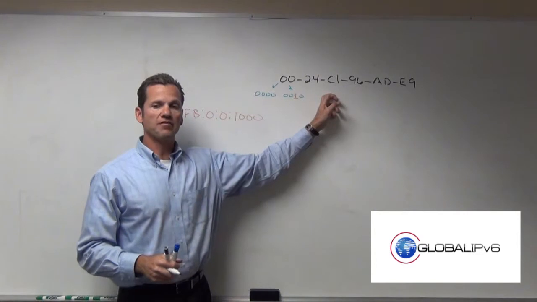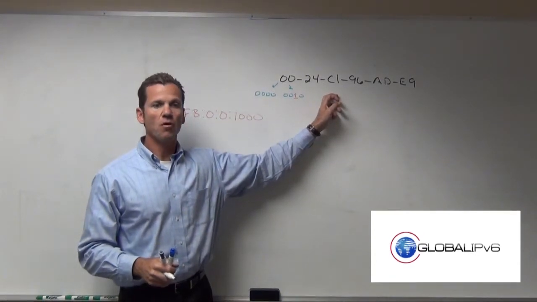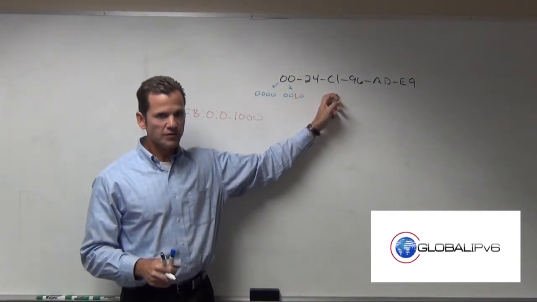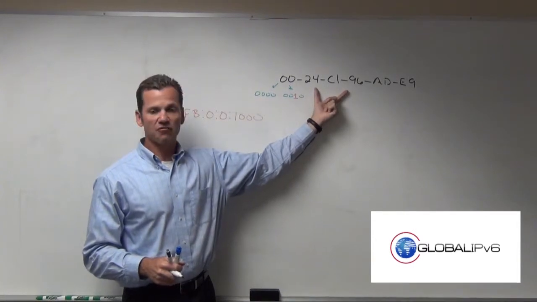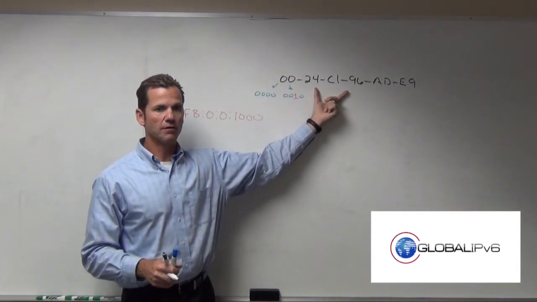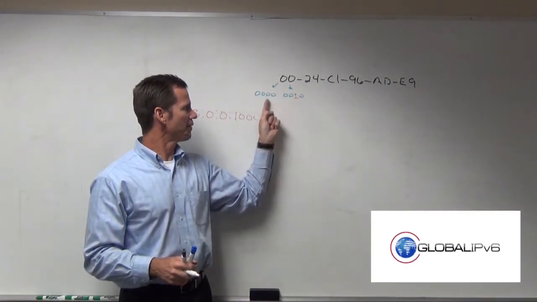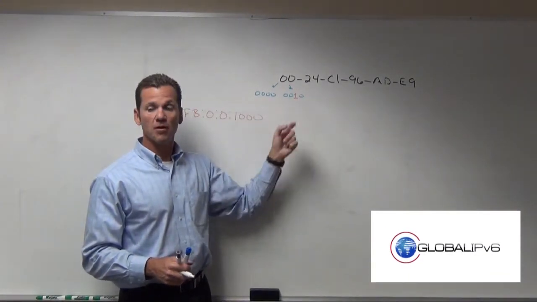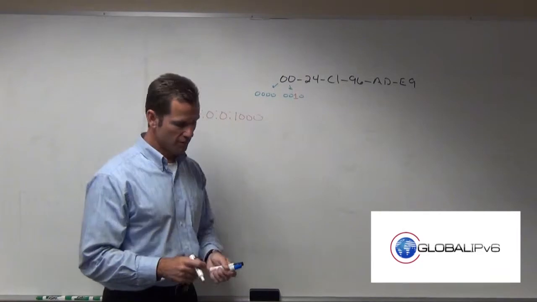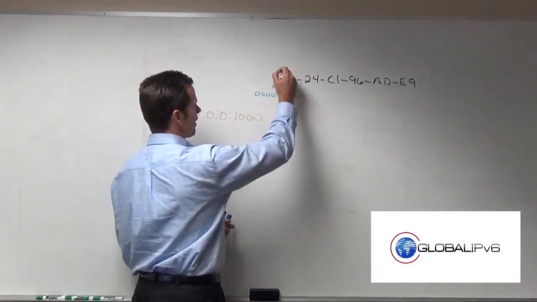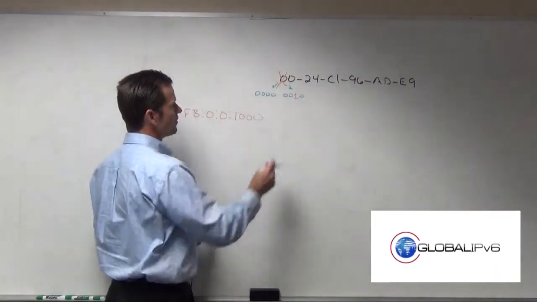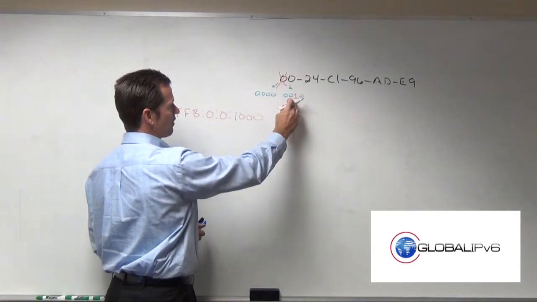All operating systems across the board will do this when the host gets the address off of its Ethernet card. When it flips the second to least significant bit, I'm left with a 0 and a 2. In IPv6, all leading zeros are dropped, so my leading zero drops and I'm left with a 2.